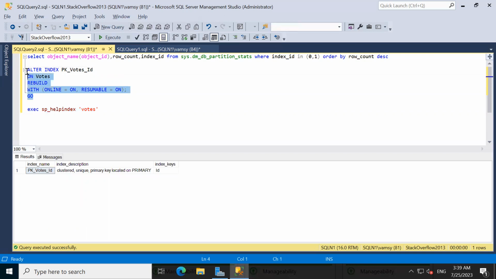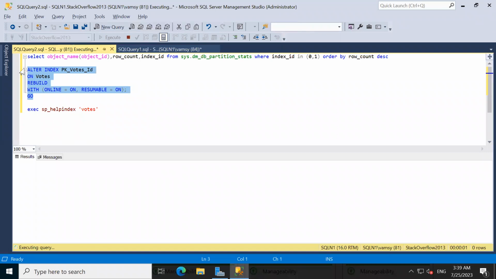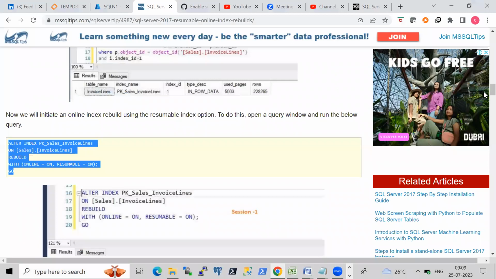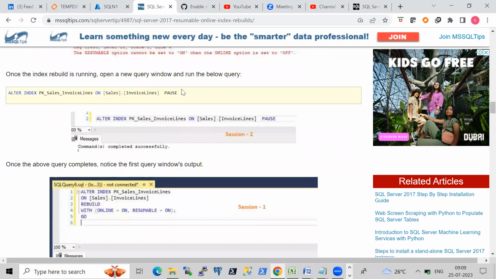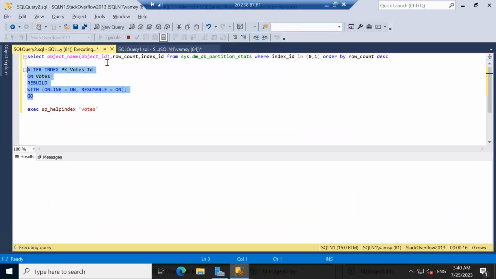So I am running this operation. Imagine it is filling up our log file. If that is the case, I will pause the index operation. I'll come here and take another window.